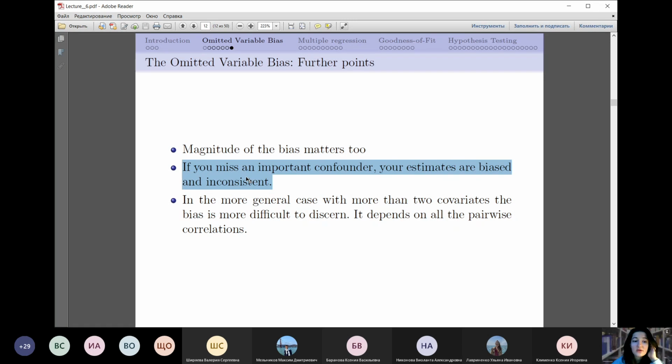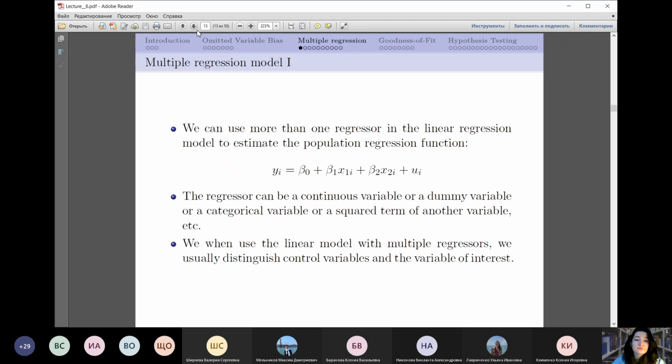And of course, in general cases, with more than two covariates, the bias is more difficult to discern, because it depends on all the pairwise correlations between the independent variables. But if you want to avoid this problem, of course, you need to include in your model the appropriate variables.